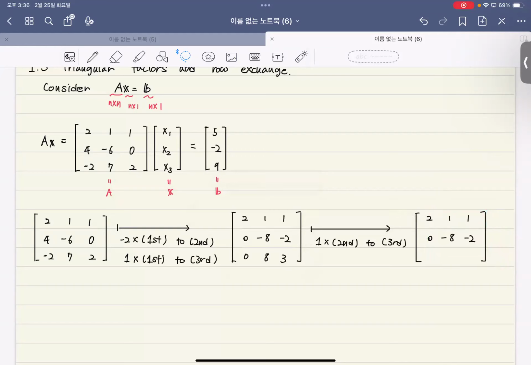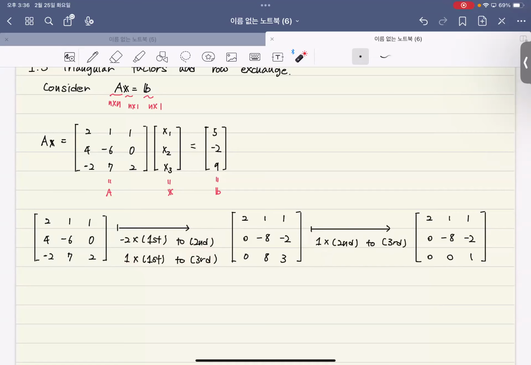In the first and second rows they just carry over, but the last row is 1. So this is the end of the forward elimination, right? And during this procedure, I have performed three elementary row operations. This one first, this one second, and this one is the last.